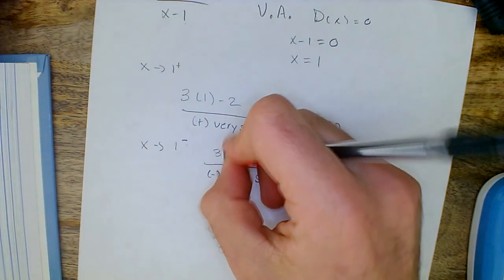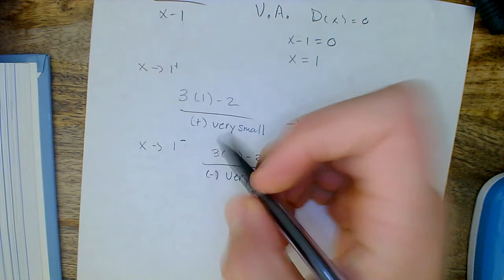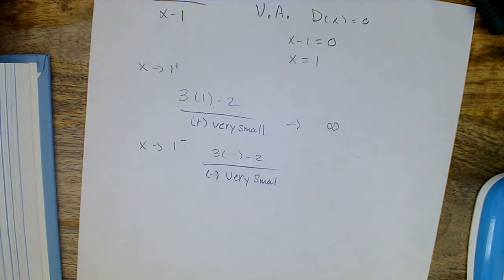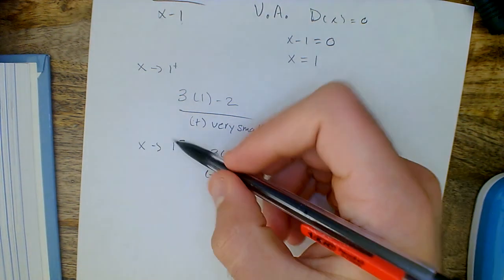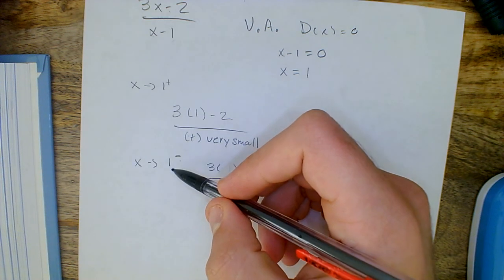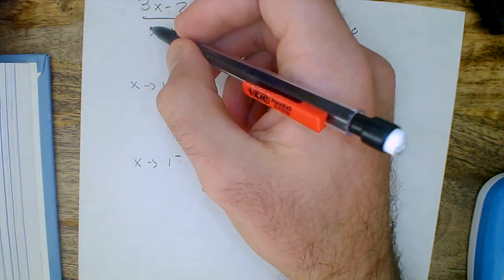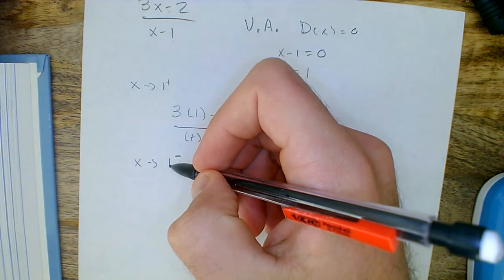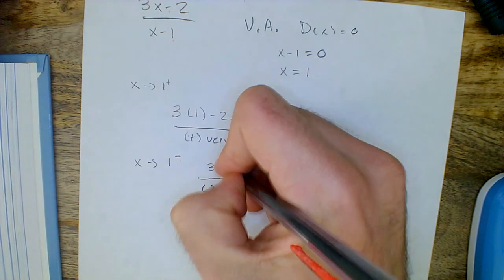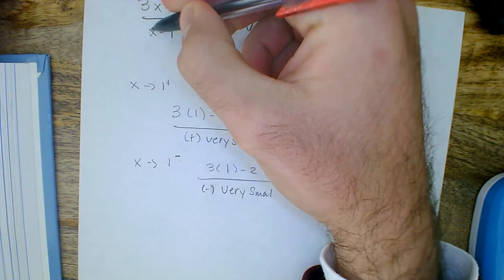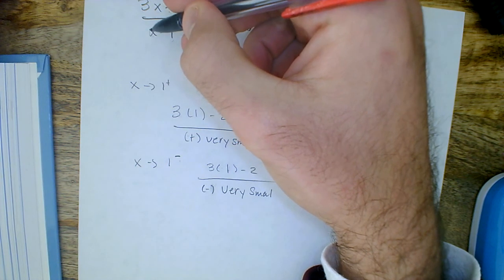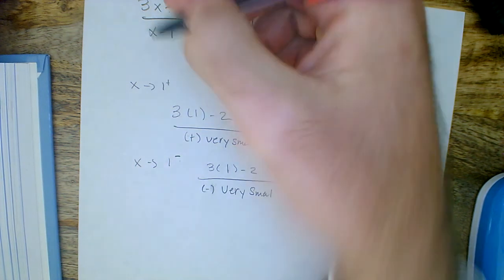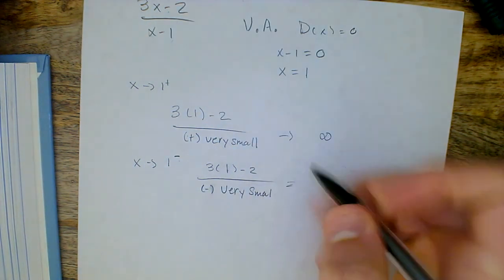Okay, yes. Actually, this is still a 1. So what happens here is we're letting x go to 1 from the left. So it's still going to 1, so it's going to go to like 0.9, 0.999. So this is still going to go to positive 1, but 0.9, 0.99, 0.999, whatever number you put very close to 1 from the left, minus 1 is going to be negative.